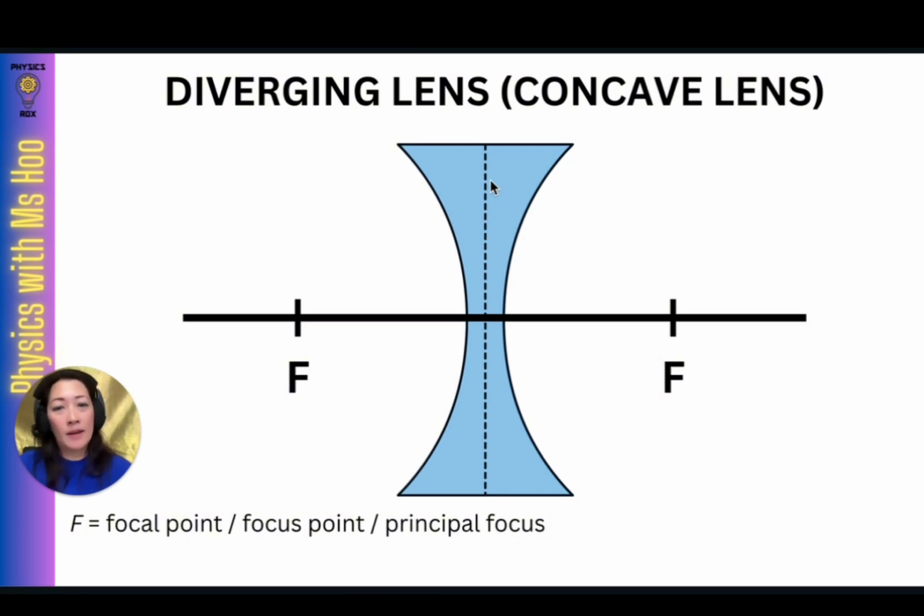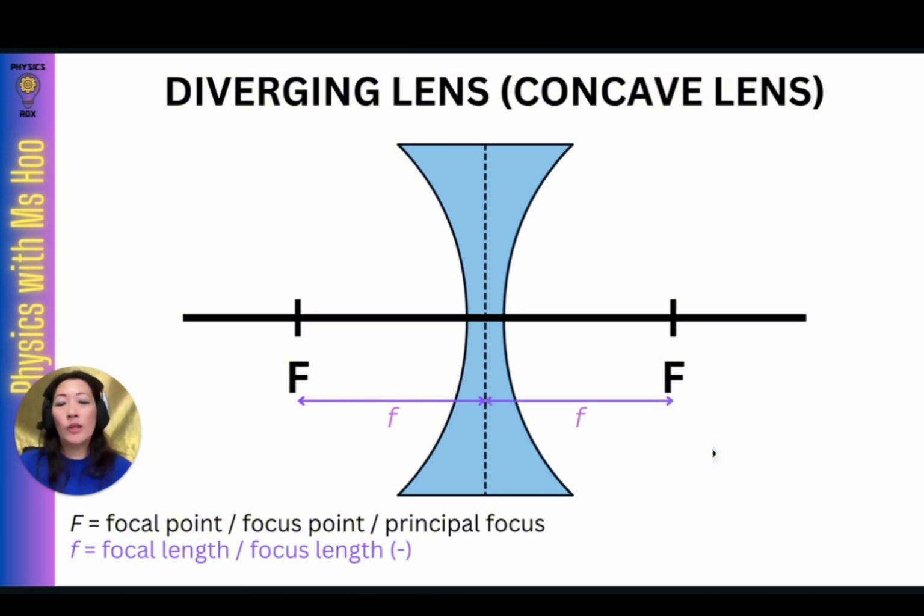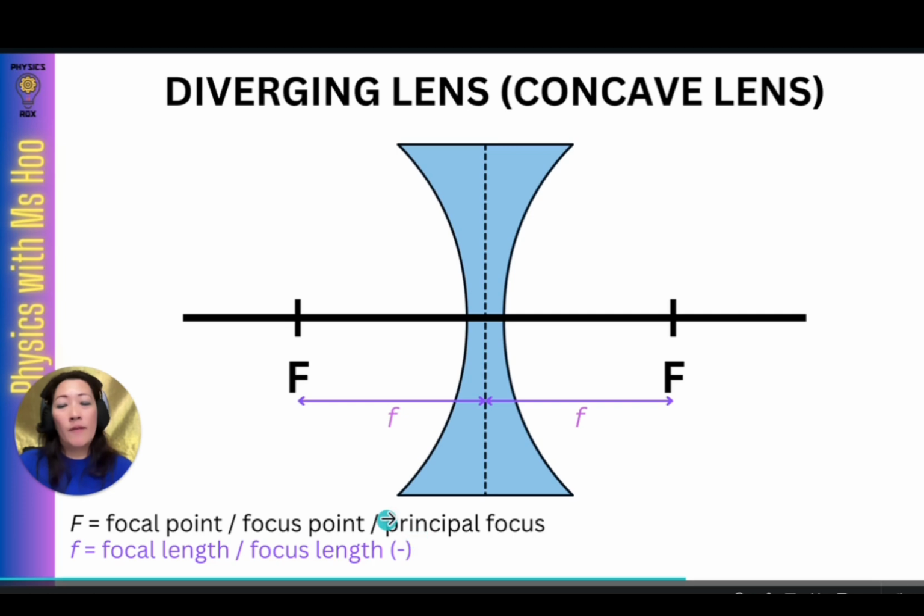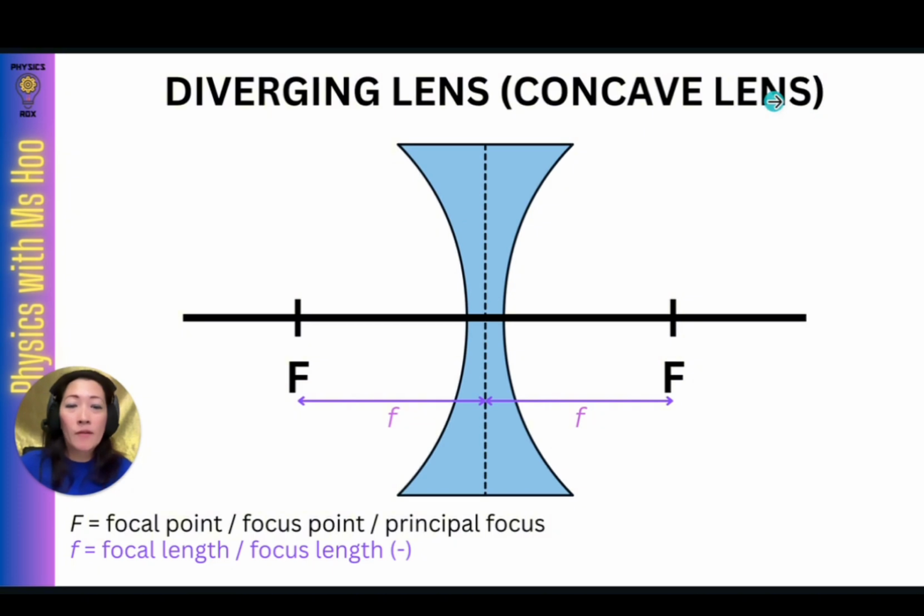For a biconcave lens with equal curvature on both sides, the distance of the focal point from the center of the lens is the same on both sides. This is known as the focal length, which we label as small f. The value of the focal length is negative because the light rays travel away from the focal point.